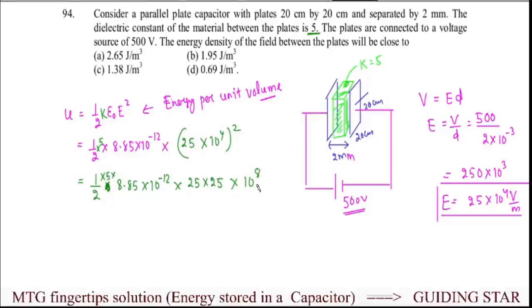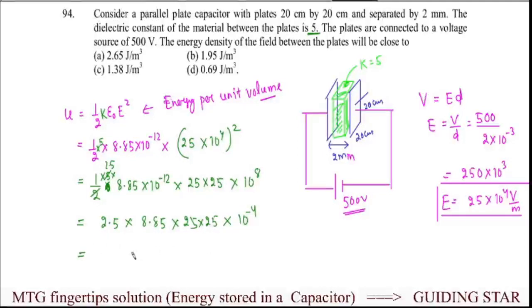Okay, this is what we are getting. Finally we can write this as 2.5 into 8.85 into 25 into 25 into 10 to the minus 12 and 10 to the 8, so it will be 10 to the power minus 4.